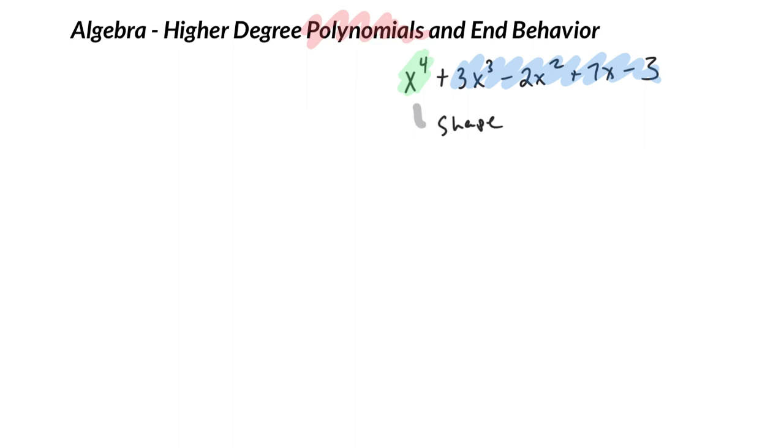What I mean by that is an x to the fourth looks something like this at the ends. It almost looks like a parabola. But what happens in the middle can be all different types of things, based on those other terms that come after x to the fourth.